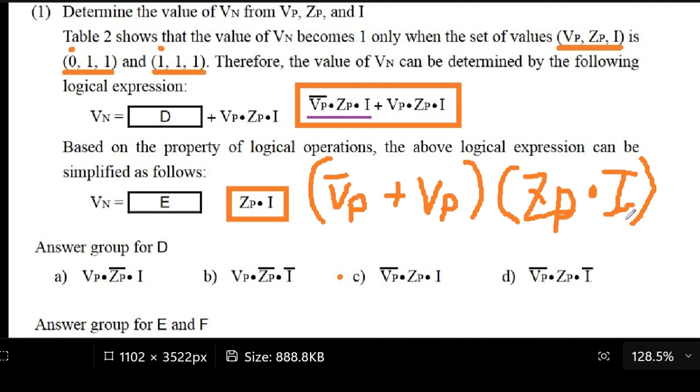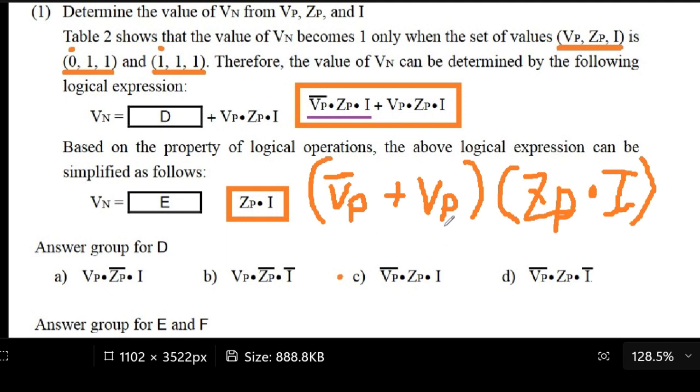Okay, so in that sense, we could get hold of the ZPI because the one on the left, where you have the VP with the line on top and the VP without the line, would cancel out. Because if we remember the truth table, if we got 0 or 1, then it should be equal to 1.